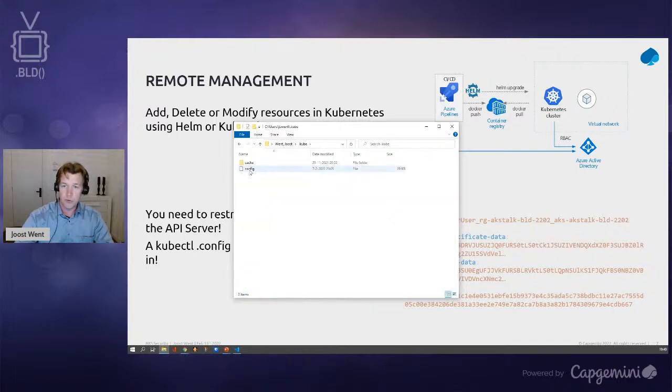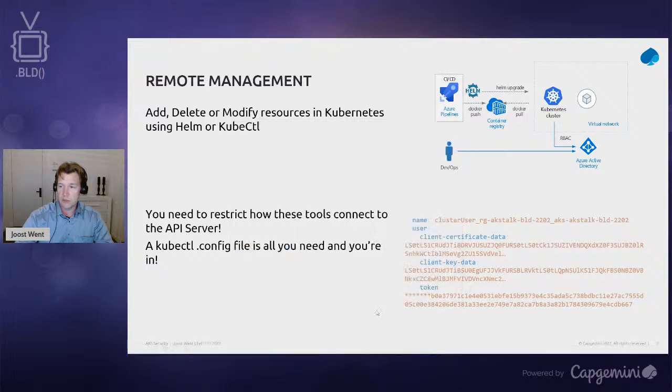And this .kube folder contains a config file. If I would open a config file, I would see details like this stuff in the right bottom. This config file contains certificate data, it contains a key, and it contains a refresh token, which is all you need to access your API server of Kubernetes Service. So if I send this file to Sjoukje, I'm lost and Sjoukje can access my cluster. I really need to have control of who can do this.